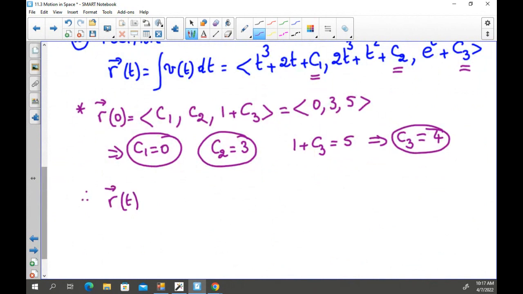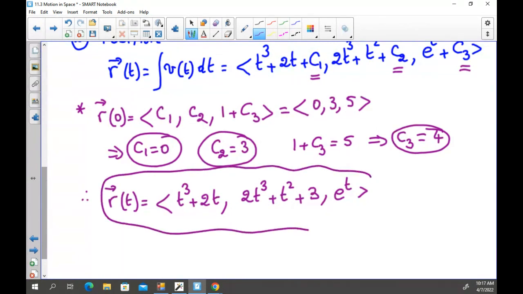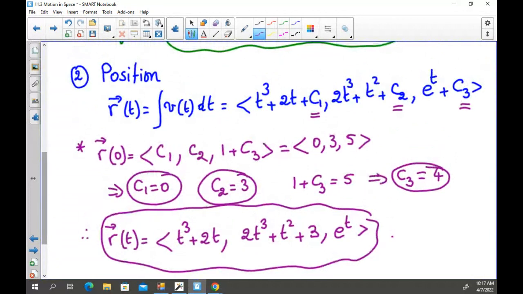And therefore R of t will be the vector, this, and then 2t cubed plus t squared plus 3, and then e to the t, and that is our final answer in this question.